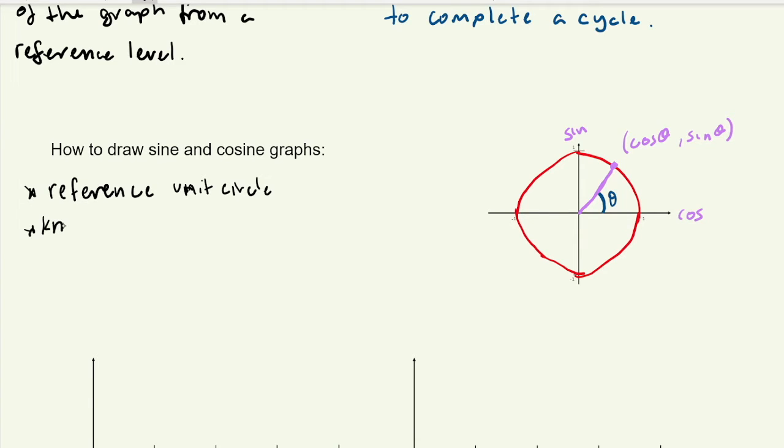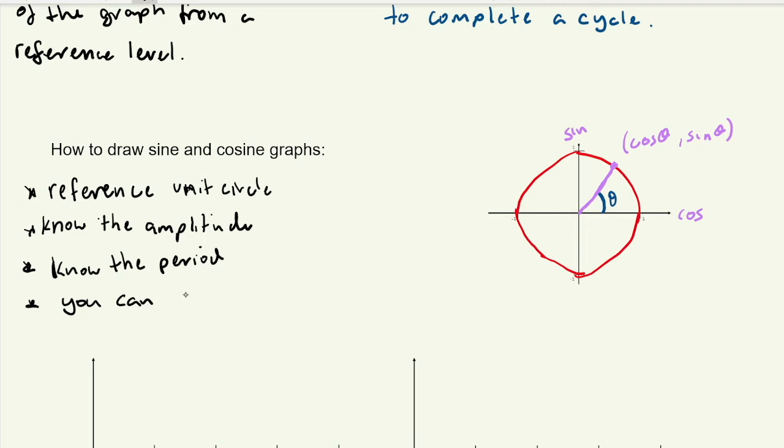Know the amplitude, and know your period. Okay, and you can use a table of values for this if you really want to. It might even help when you first start out.